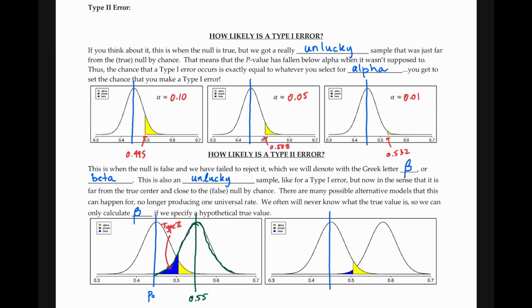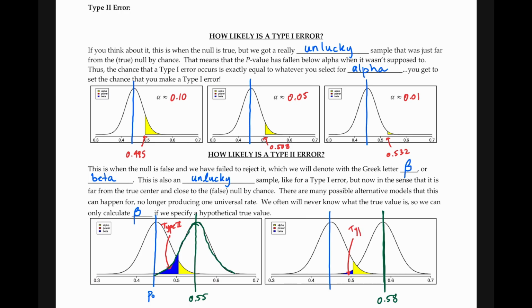But you can see how you can shrink the possibility of making that type of error if it turns out your true center is much further to the right. In this case, on the right here, our center for the true efficacy rate is at 0.58, 58%. So now the chances of getting something that is still too close to our null thought is much smaller.